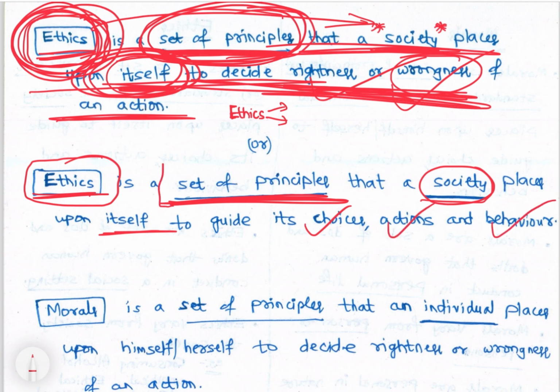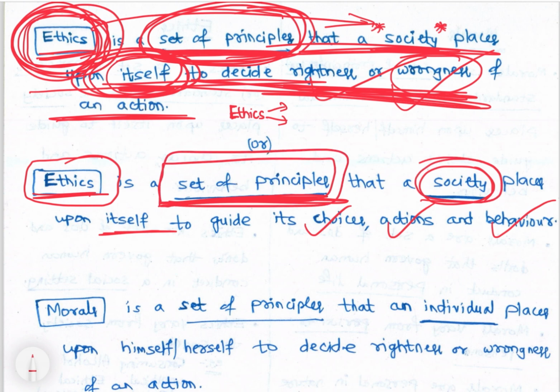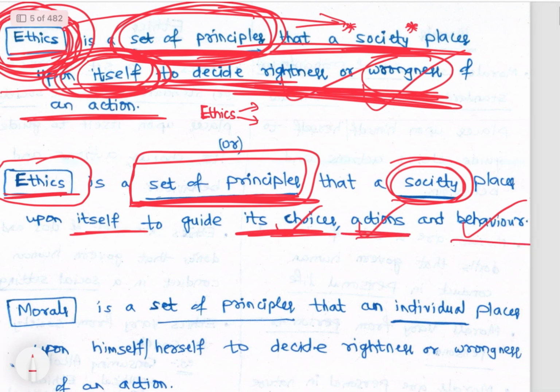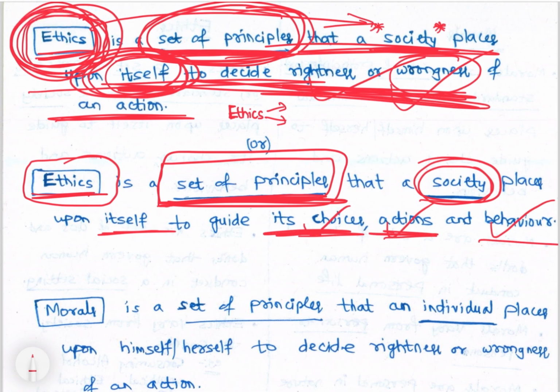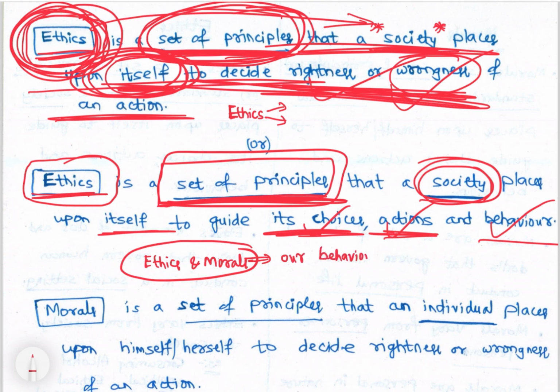One more thing: one of the main things with ethics or morals is that they guide our behavior. Respecting elders is ethical in Indian society.